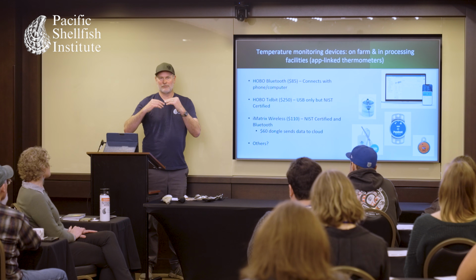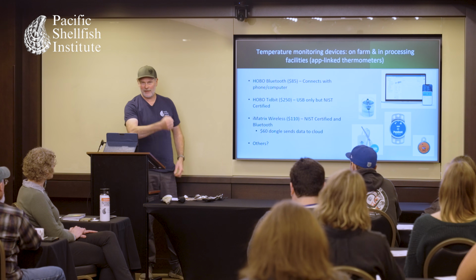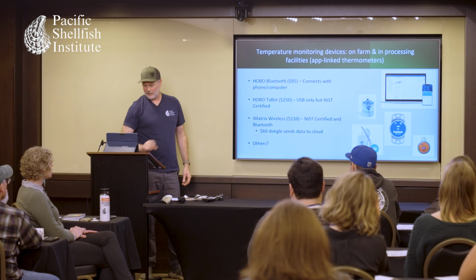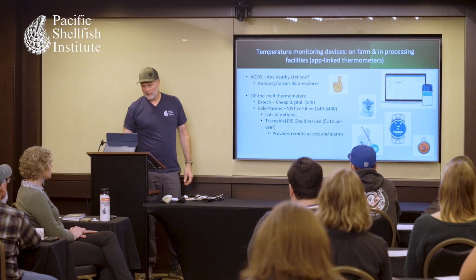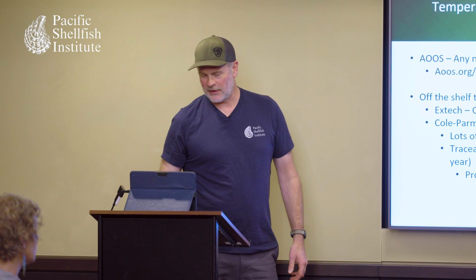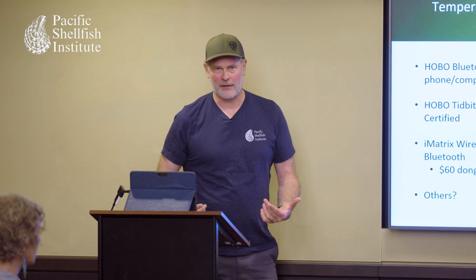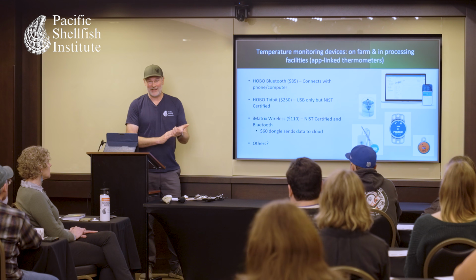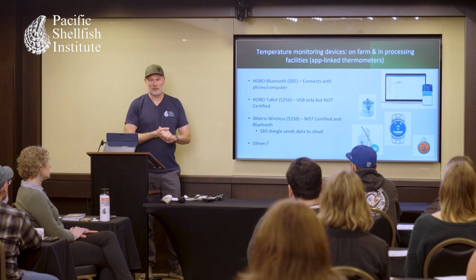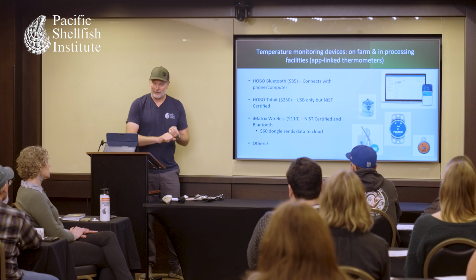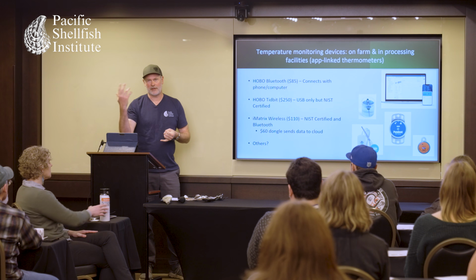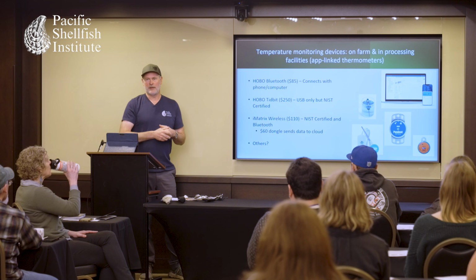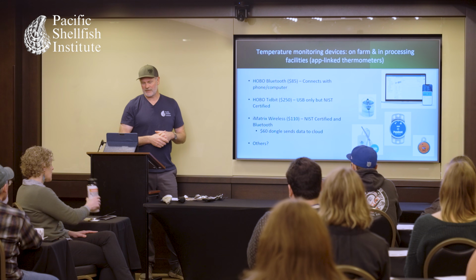You can get the basic, put it into the water, the cheap X-Tech version, $40, $45, or you can get to thousands of bucks. What I use is probably the $12,000 units. I use lots of different devices, but they send it to the cloud and we can access it through the Integrated Ocean Observing Systems.